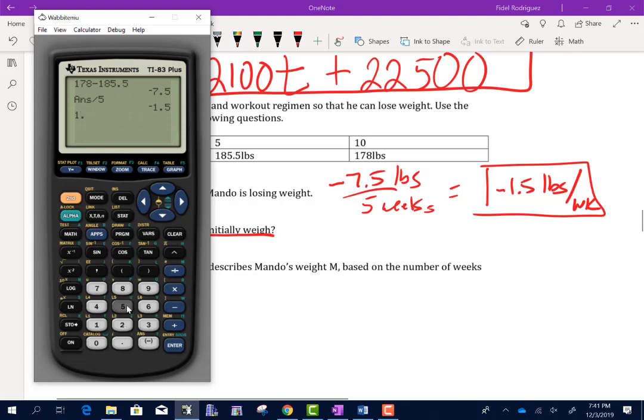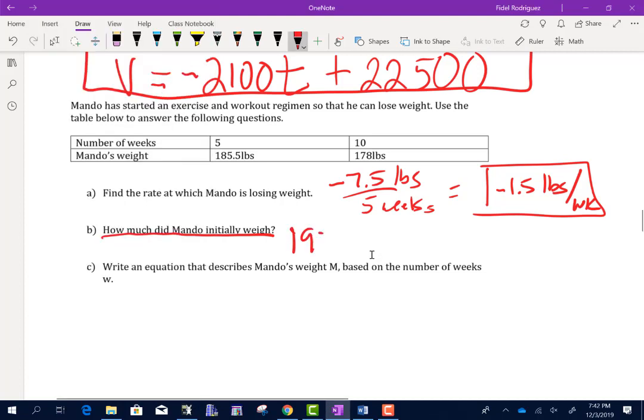So 1.5 times 5, 7.5. And how much was he weighing after 5 weeks? 185.5. So wouldn't we just add that? 185.5, 193. There you go. Okay. Mondo was weighing originally 193 pounds.